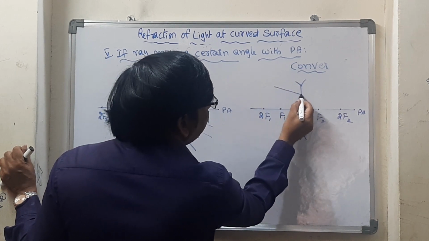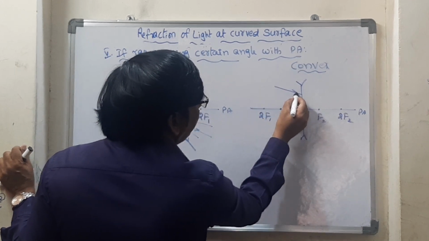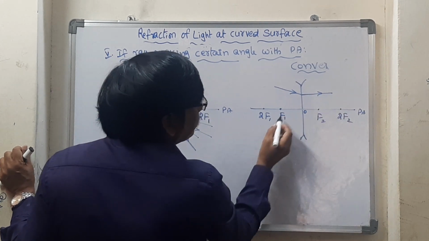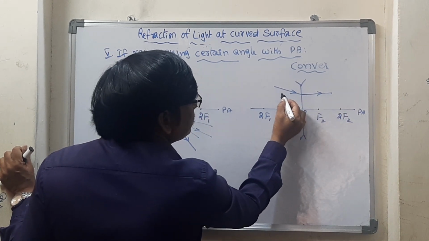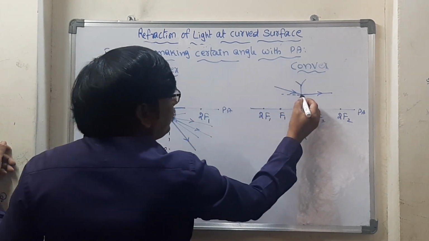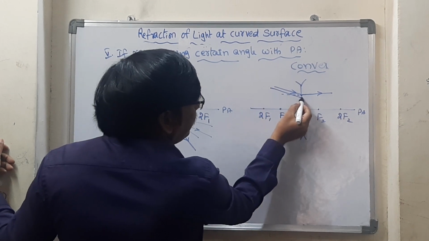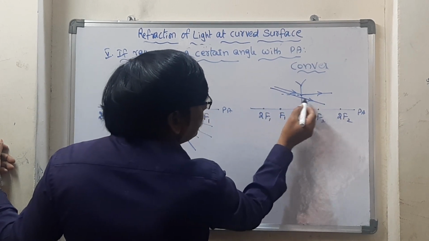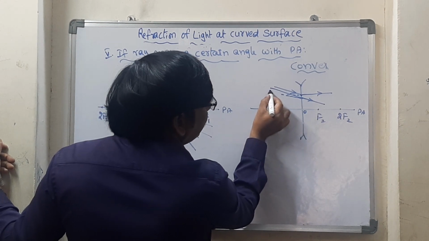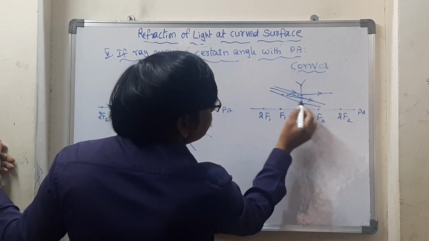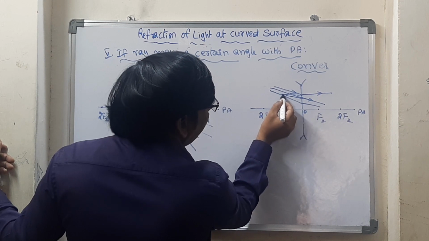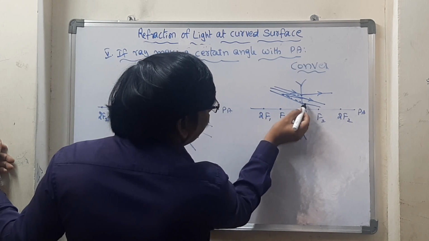The ray is passing, and as we know, the ray undergoes diverging. From where it is diverging, you take the duplicates from the point of diverging. You take another ray that also undergoes diverging, and another ray that also undergoes diverging. From the point of diverging, all these should meet at one point.